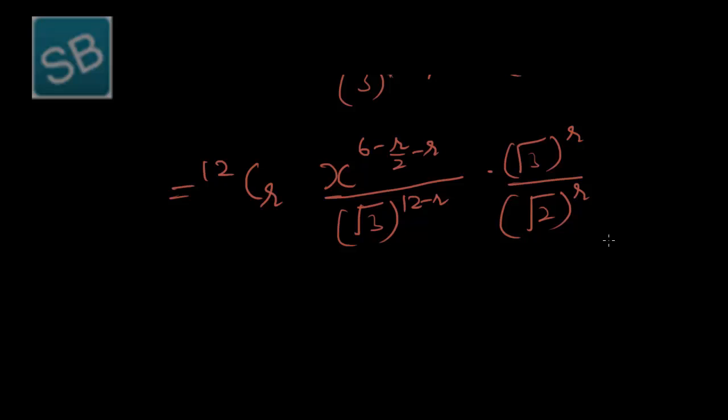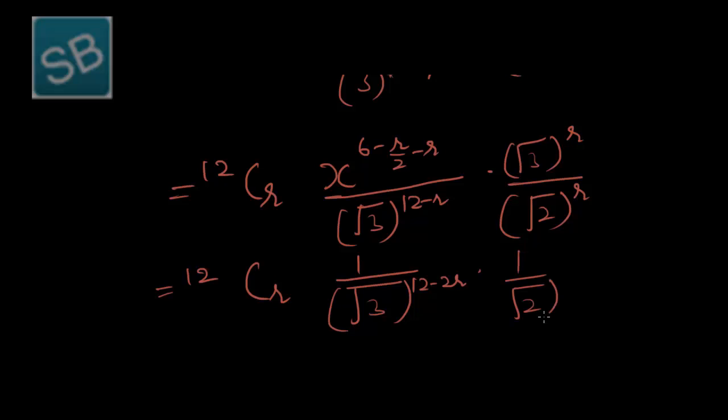So we get here 12Cr, 1 over under root 3 raised to 12 minus 2r, into 1 over under root 2 raised to power r, into x raised to power 6 minus, taking LCM, r minus 2r, that is minus 3 by 2.